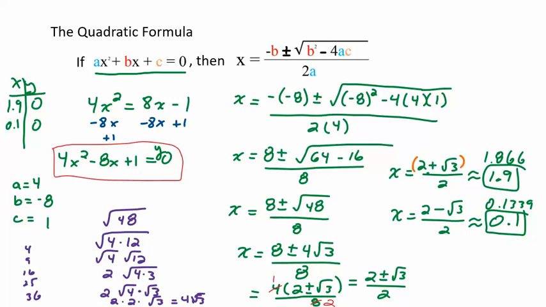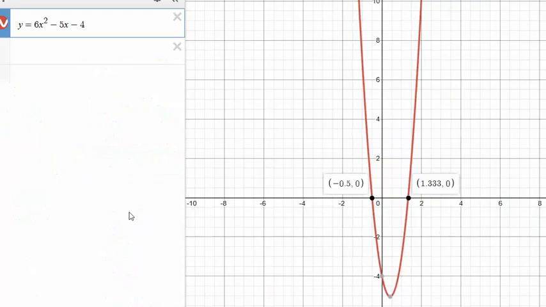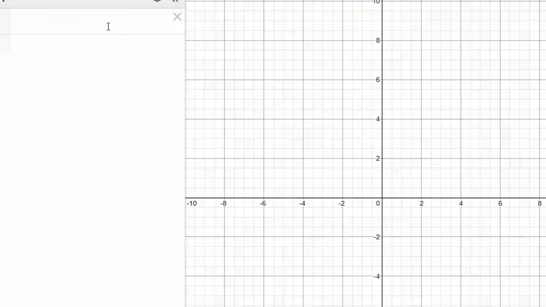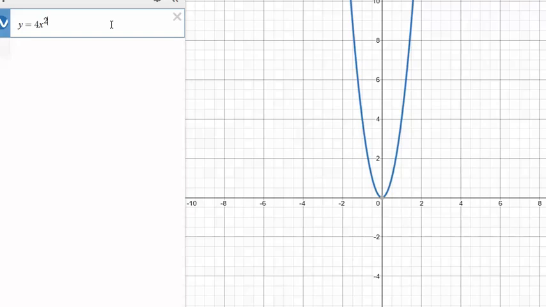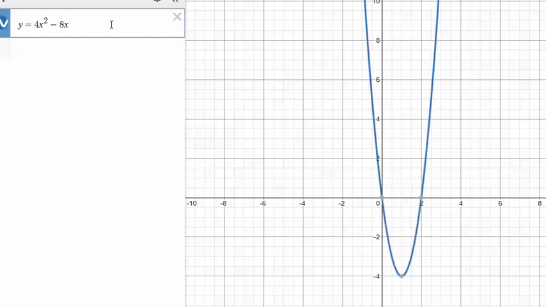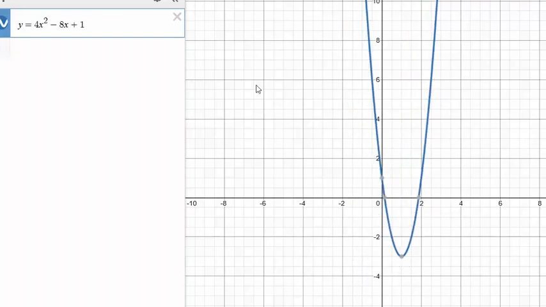Let's go look at the graph real quick, see how that looks. This is our old one. Let's get rid of that. All right, so we got y equals 4x squared minus 8x plus 1. Okay, let's go look here. There's our first x-intercept, 0.134.